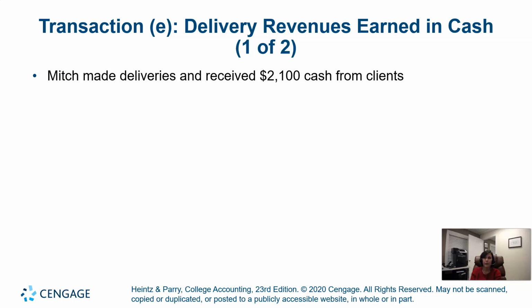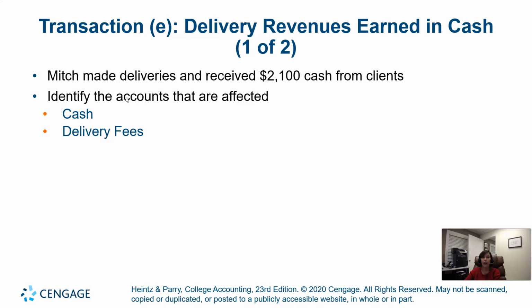Mitch made deliveries. Now, it may not be totally obvious from the example, but Mitch is in the business of making deliveries. And so Mitch's company has now earned some money as a result of having performed this service. And what we call that is, in this example, delivery fees.